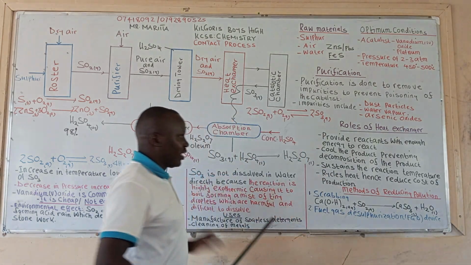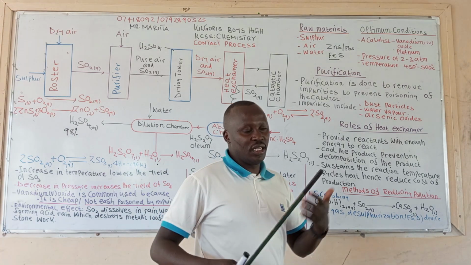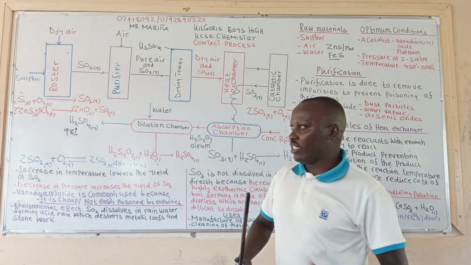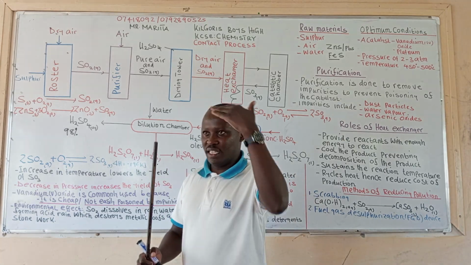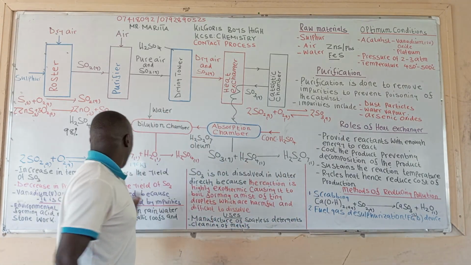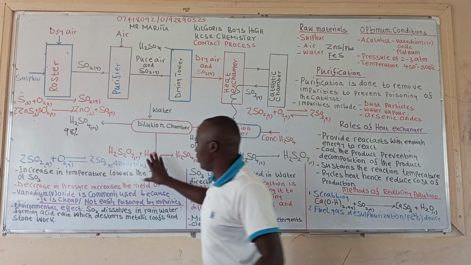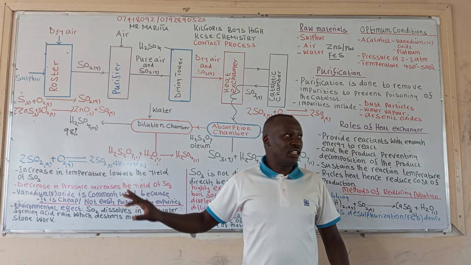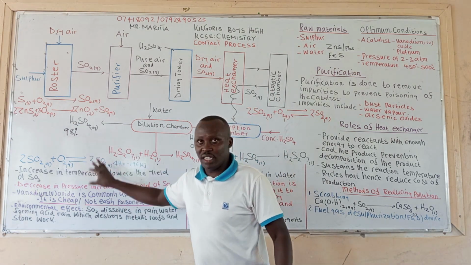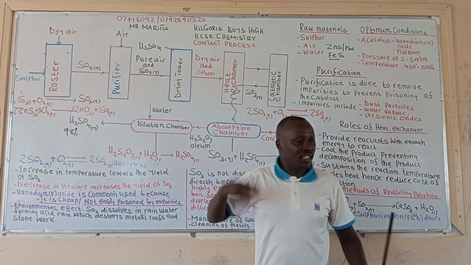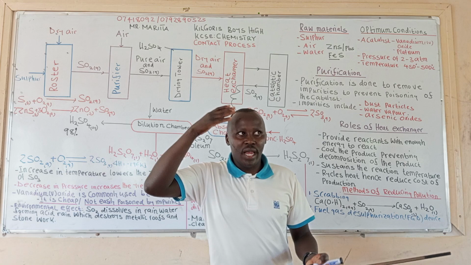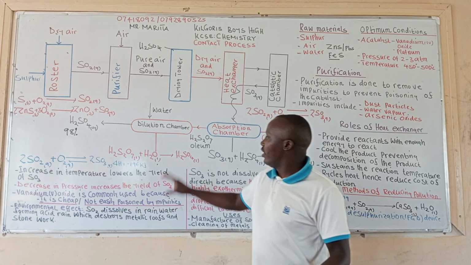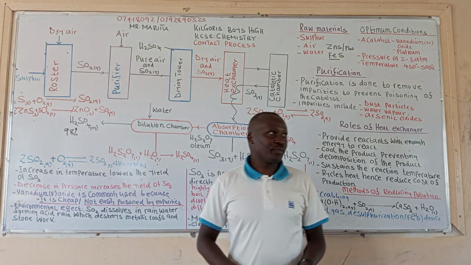What will happen if the concentration of oxygen is increased? An increase in concentration increases the rate of the reaction. Therefore, there will be a high yield of sulfur 6 oxide.